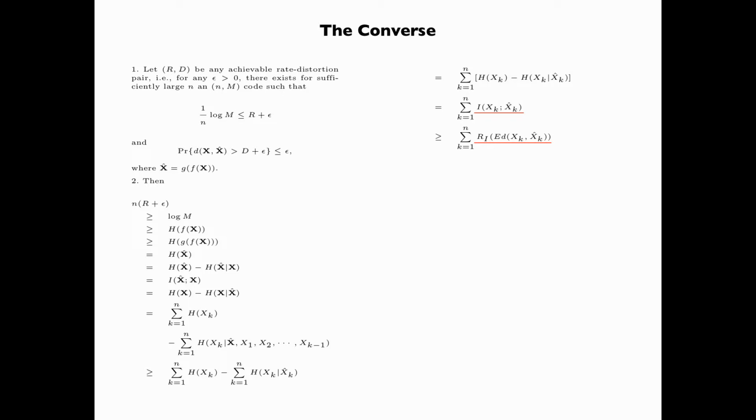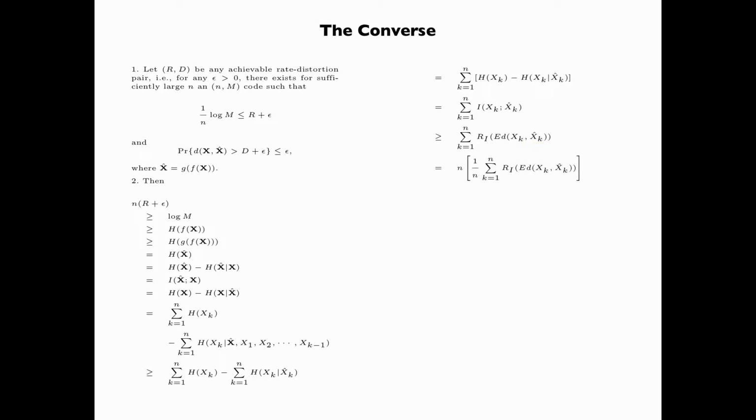This follows from the definition of the function R_I, because by definition of R_I, for any xk hat achieving the expected distortion between xk and xk hat, the mutual information between xk and xk hat must be at least equal to R_I evaluated at that expected distortion.